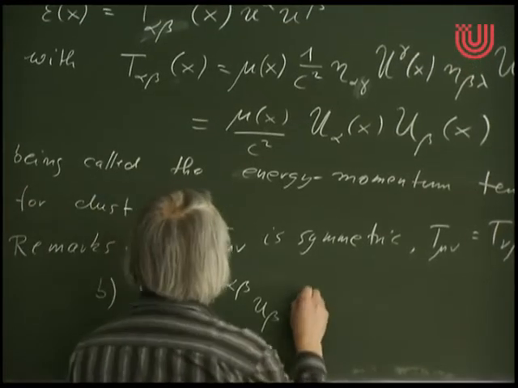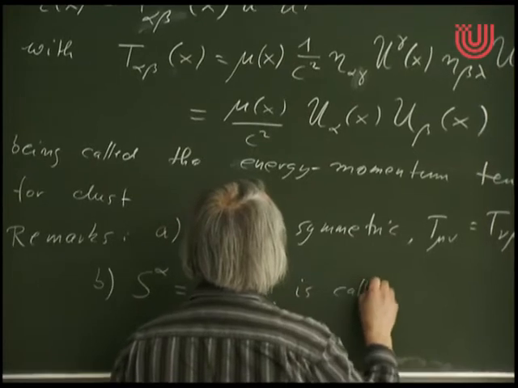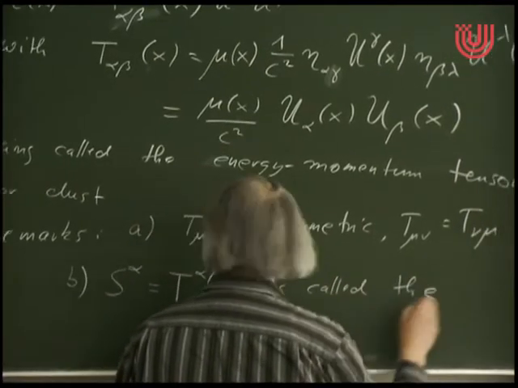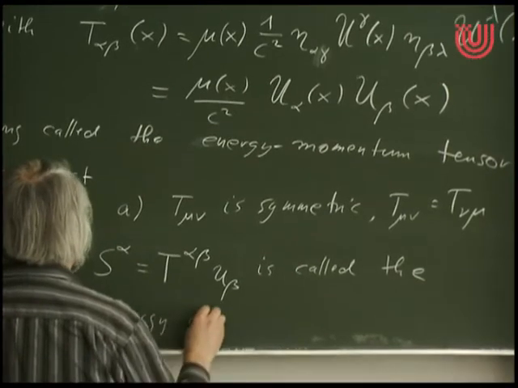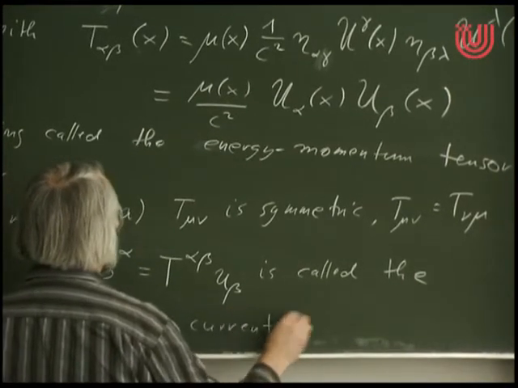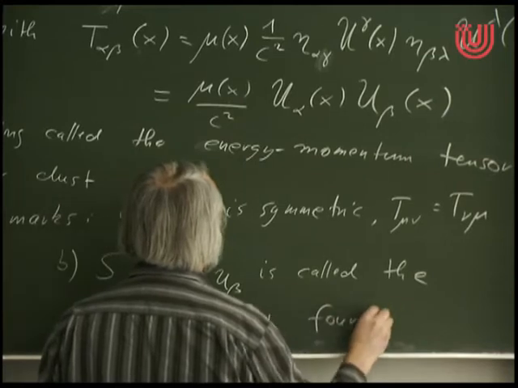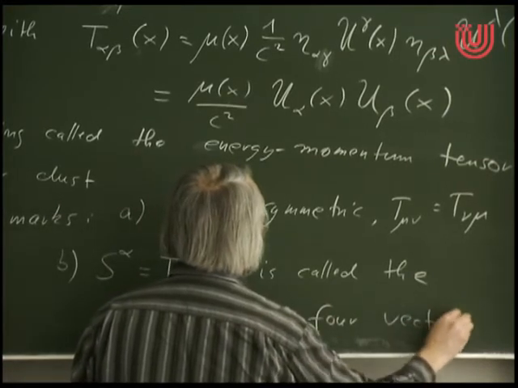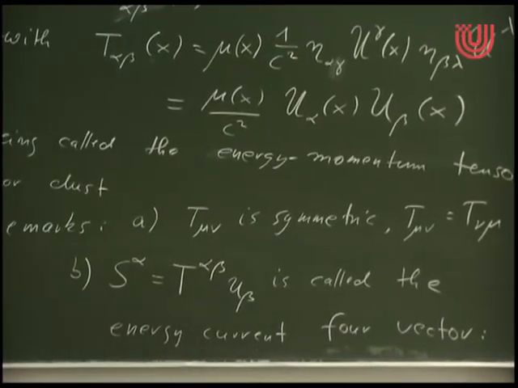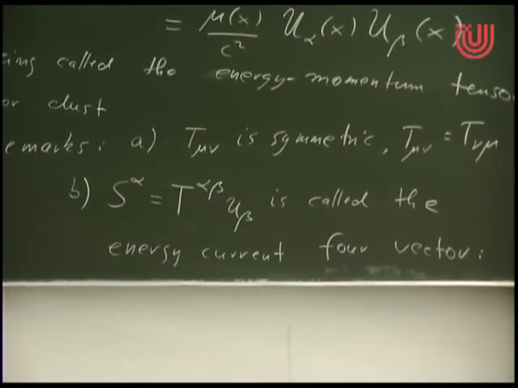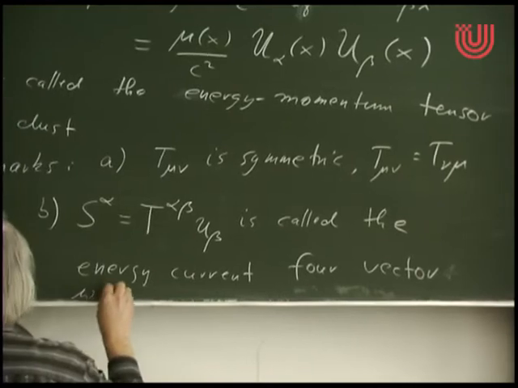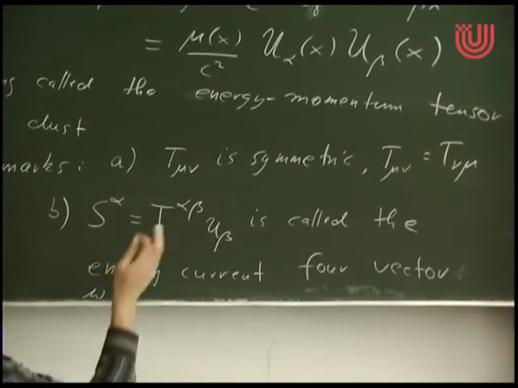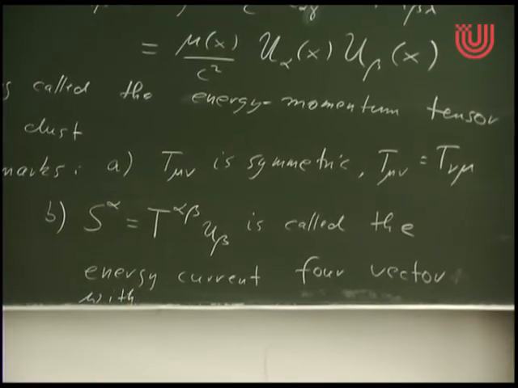I've written this here. This here is called the energy current or energy flux. Let me write current 4 vector. And why is this? Let me explain this a little bit. With respect to U, that's not an object which characterizes the fluid in an observer-independent way.